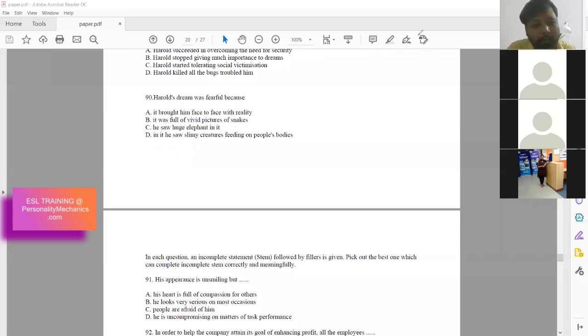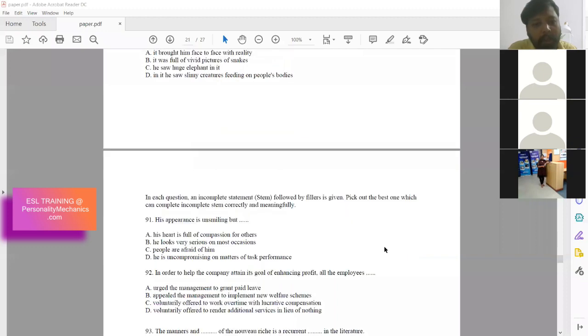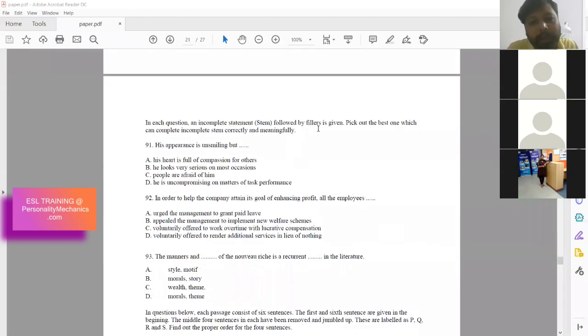Next, in each question an incomplete sentence followed by a filler is given. Pick out the best one which can complete the incomplete stem correctly and meaningfully. Half of the sentence is given to you and half of it you have to complete. It says, his appearance is unsmiling, but.